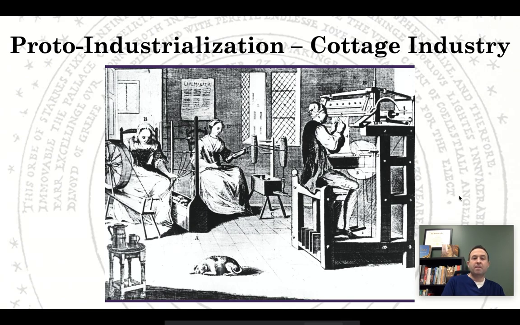So this cottage industry is going to flourish first in England. Again, in the early 1500s, half of England's textiles were being produced in the countryside. By 1700, that percentage was even higher. The putting out system, again, the cottage industry, would spread from England later into continental countries like France and Germany.